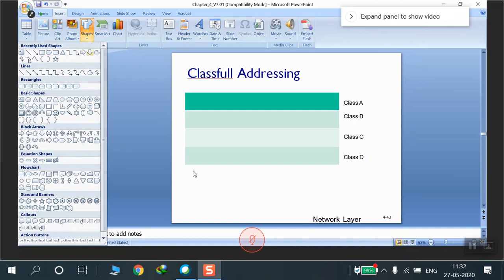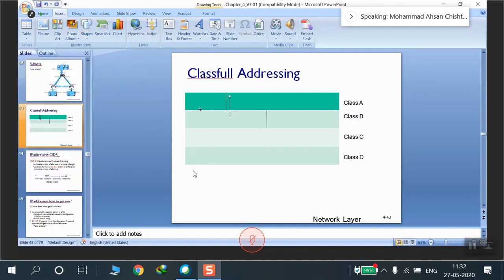Class B says that the first 16 bits belong to the network part. Class C says that the first 24 bits belong to the network part, and class D is what we have as multicast addressing. I'll come to that as well.